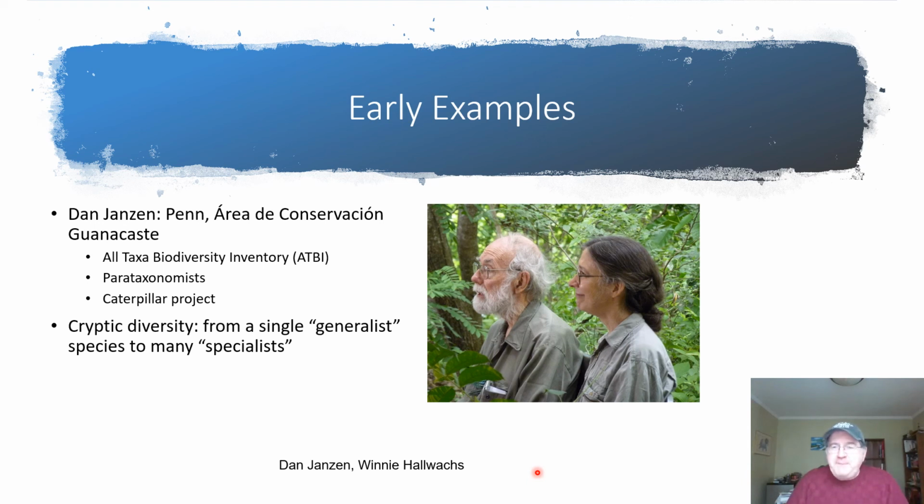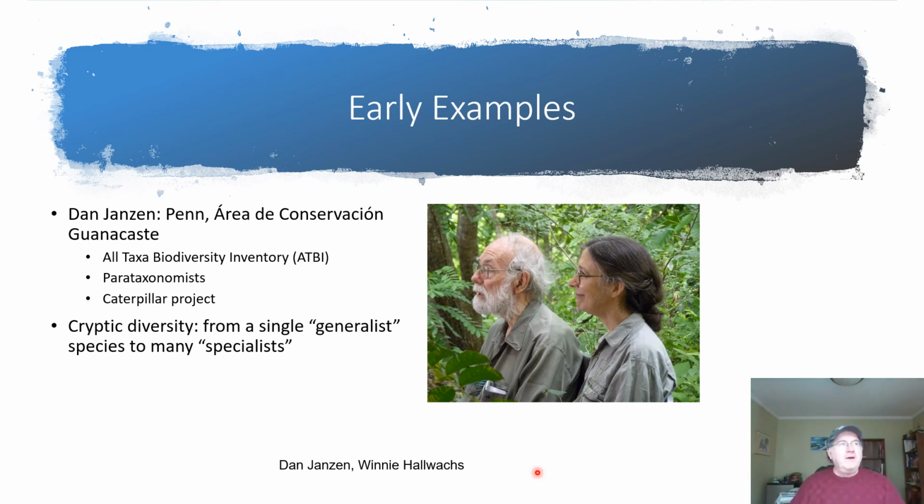The Astraptes paper is commonly put forth as an example of how DNA barcoding can reveal to us that what we thought on the basis of external morphology was a single species, and in the case of these butterflies, a single species whose larvae fed on a wide variety of different plants, that they were generalists.